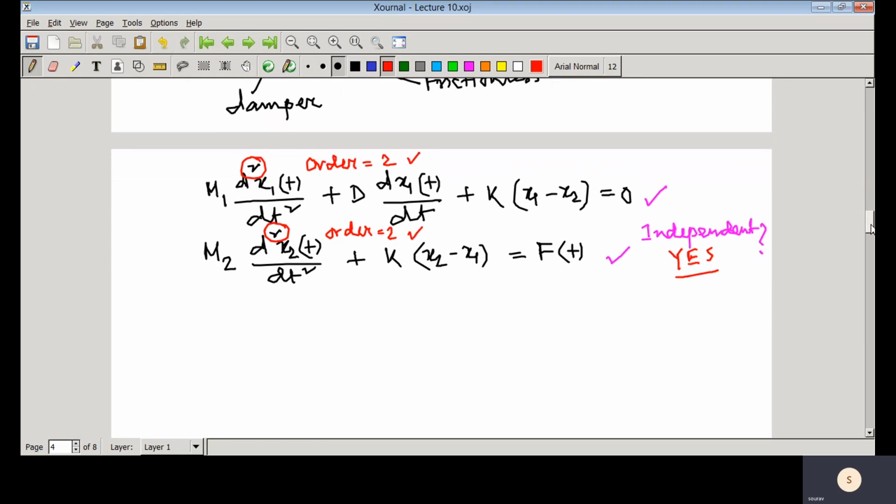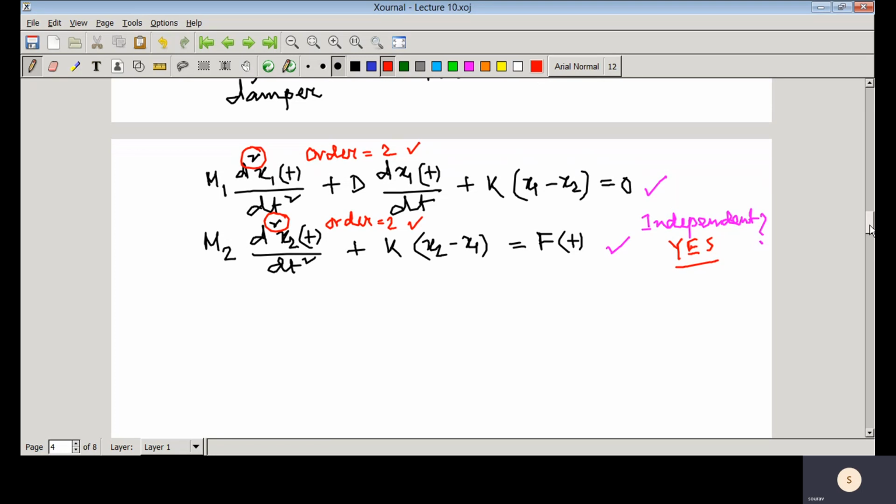So now the number of state variables required to represent the dynamical system is equal to the sum of these orders. So that means here I can write, two independent differential equations. This is very important.